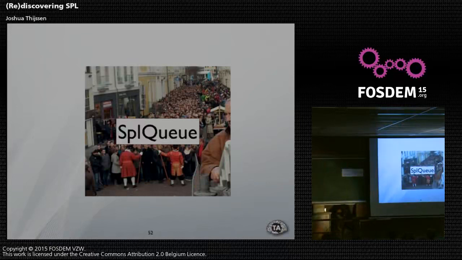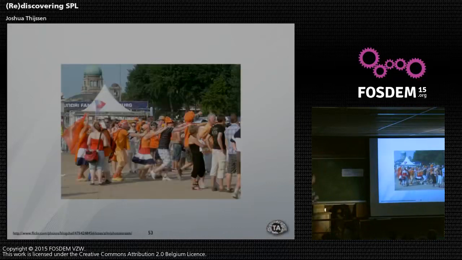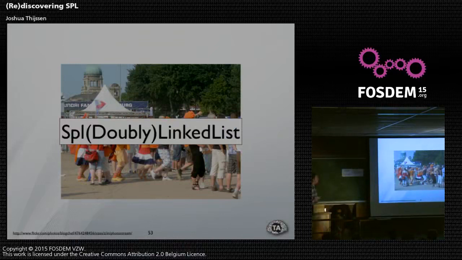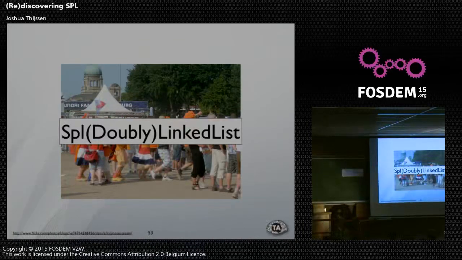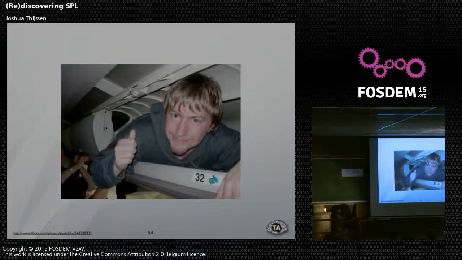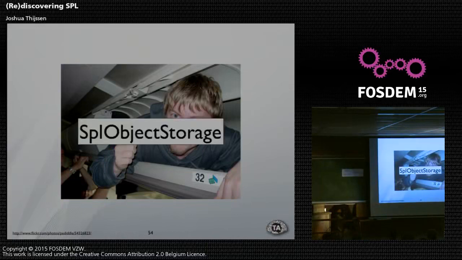Sort of. I have to apologize to my Dutch fellow members for this one. SPL doubly linked list, but then again they're using both hands, so doubly linked list in my case. This one, SPL object storage. It exists.